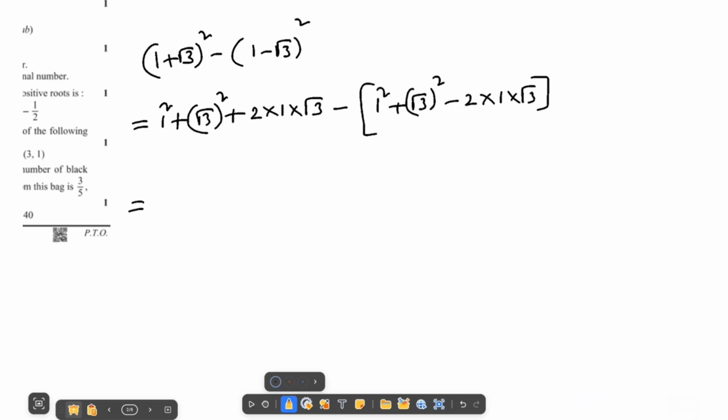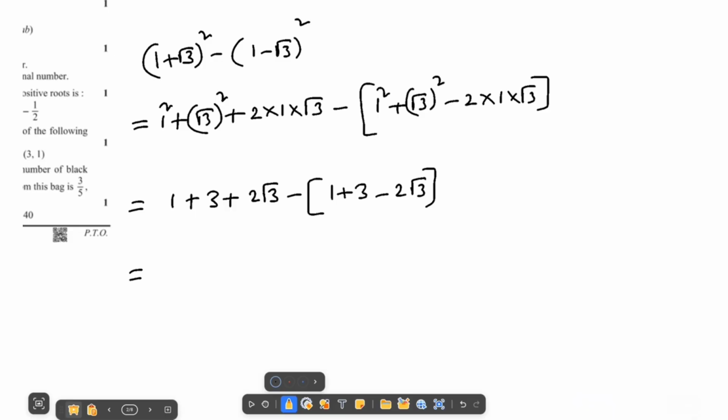So 1 square is 1, root 3 whole square is 3, plus 2 into 1 into root 3, it is 2 root 3. Minus 1 square is 1 and root 3 whole square is 3, minus 2 into 1 into root 3, it is minus 2 root 3.